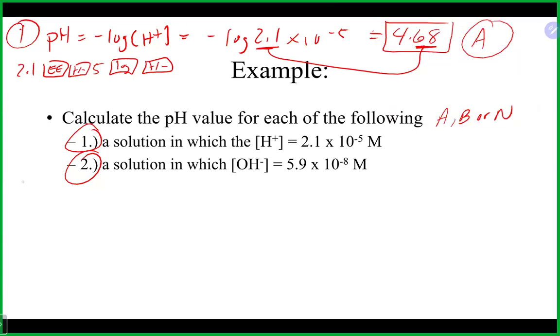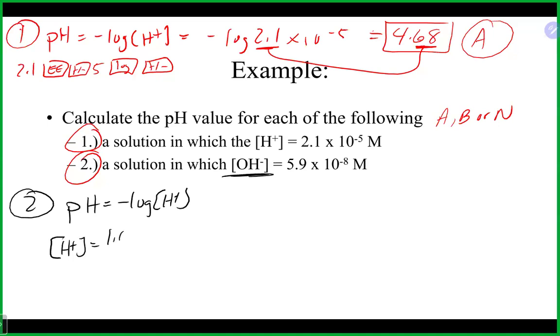And we want the pH. So again, pH is equal to negative log of the H plus concentration. The problem here is that this is not the H plus concentration. That is the OH minus concentration, which means we might need to use Kw here, like we did earlier: 1 times 10 to the minus 14 divided by our OH minus, 5.9 times 10 to the minus 8 in this case.